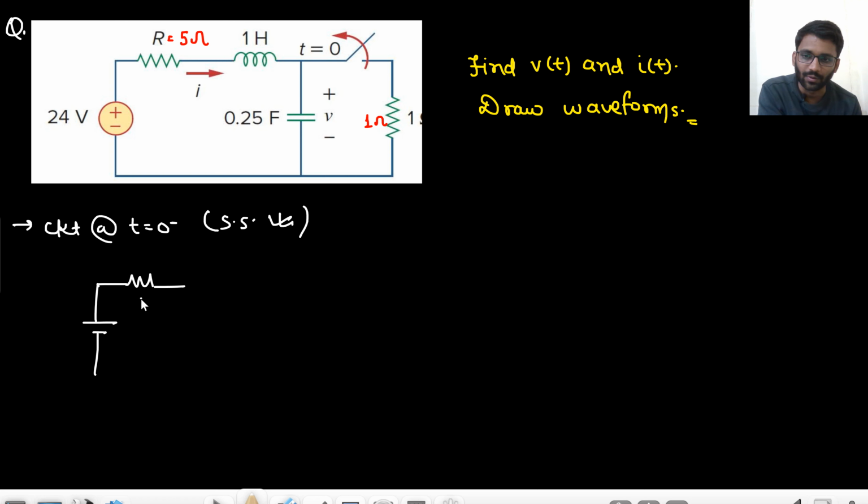R value given is 5 ohm. The capacitor will be open circuited. This will be 1 ohm.